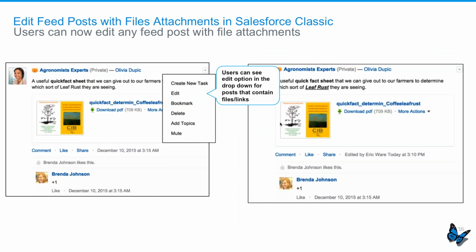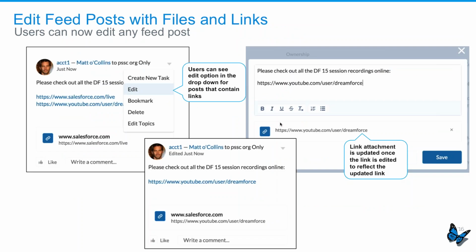You can even upload a new artifact to the post if you want to update it with a new file. As I said, you can also do this for links. If you mistype the link and put in the wrong one, you can go ahead and edit it, put in the new link, and then update and save it so that the new link is out there and available for folks.